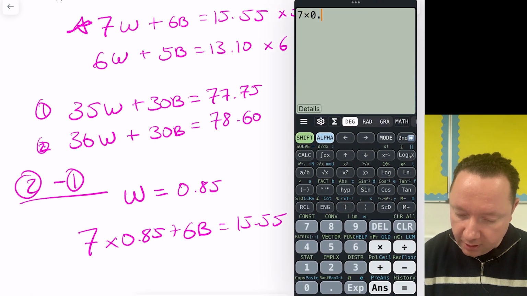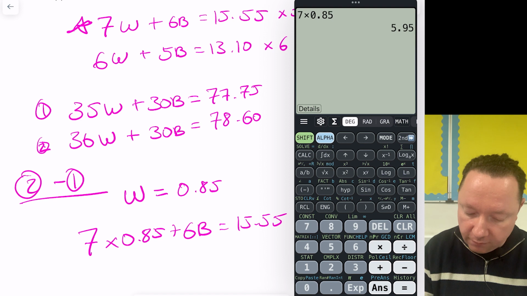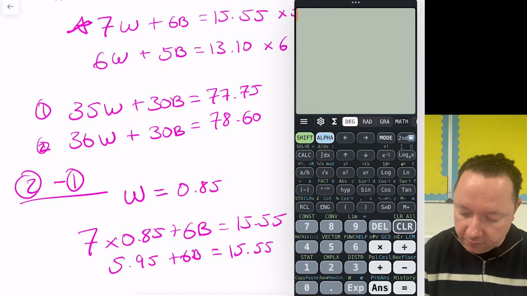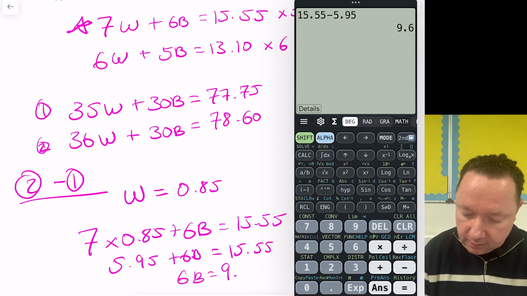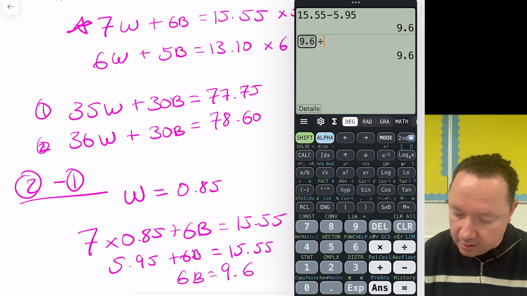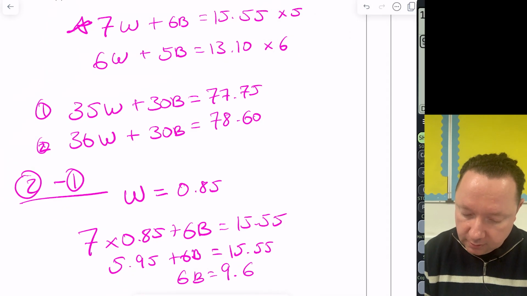Seven times 0.85 is 595, so you get 595 plus 6b equals 1555. So I do 1555 minus 595. 6b is 960. Divide that by 6 to get 160.